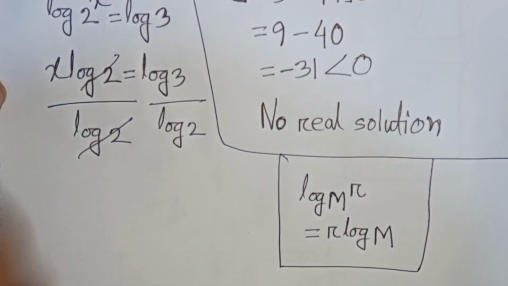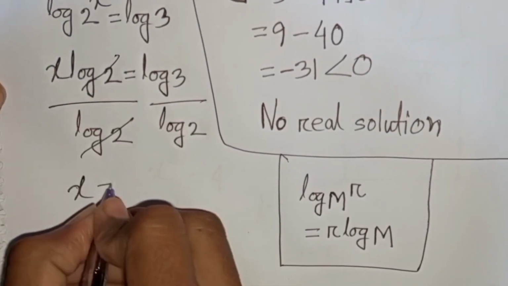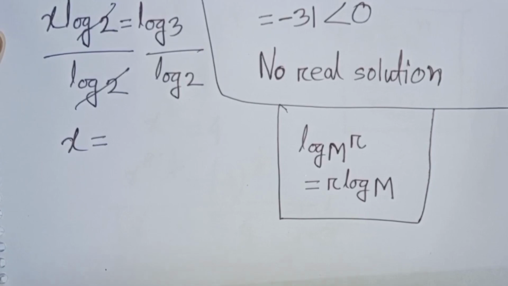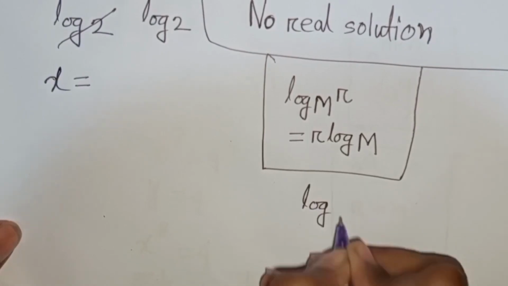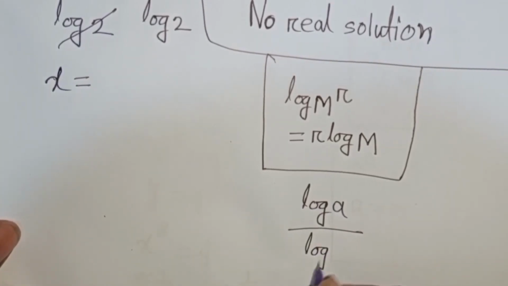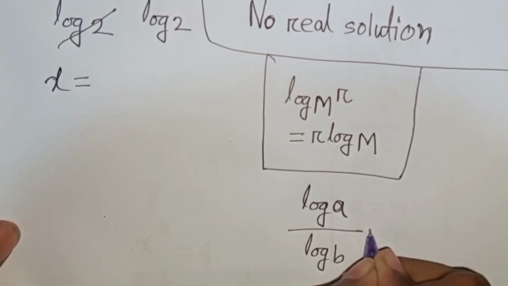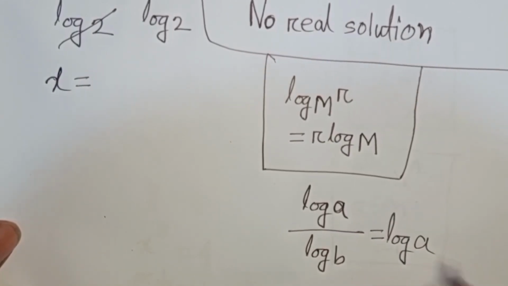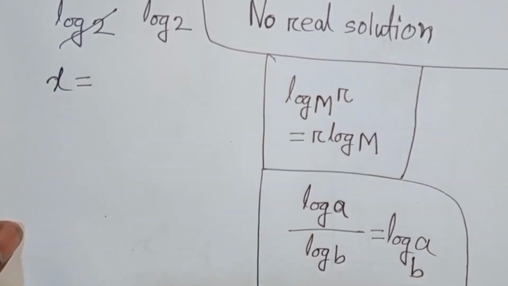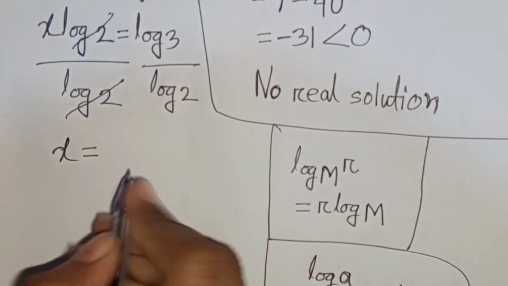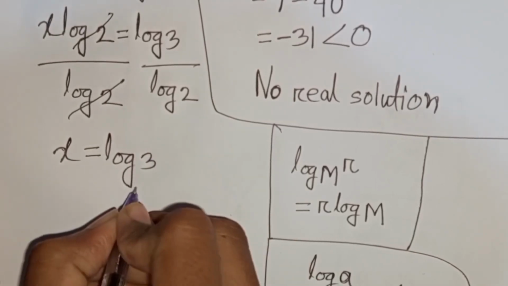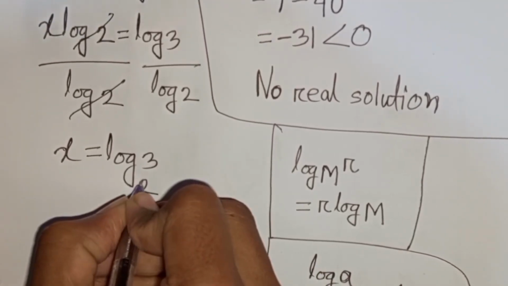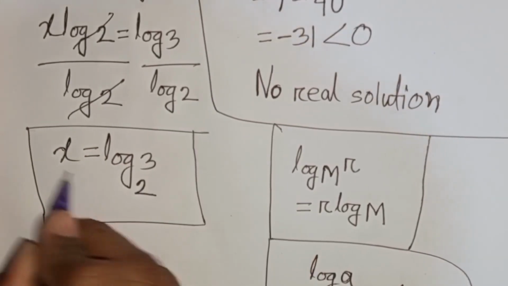So here x will be equal to, here we can apply this formula log a divided by log b is equal to log a base b. So according to this formula, x is log 3 base 2. So this is the value of x.